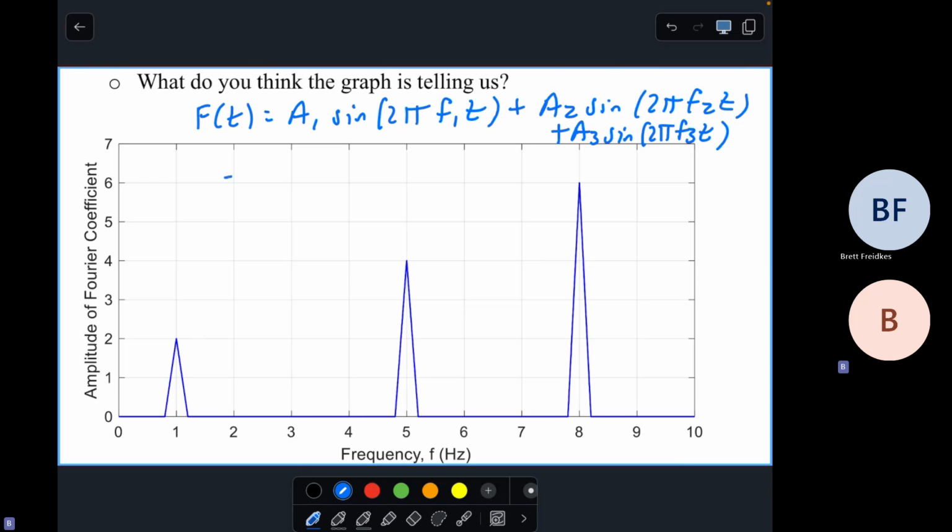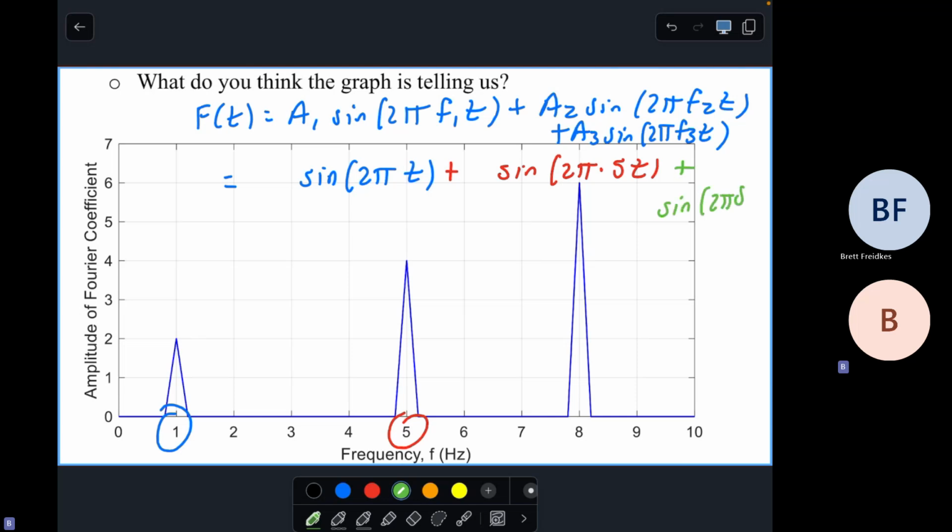So this might be something like sine of 2 pi times 1t from this, plus sine of 2 pi times 5t from this, plus sine of 2 pi times 8t from that. Do we see that? Makes sense now, Michael? The n's are kind of buried in it. We'll talk about that in a second. Yeah.